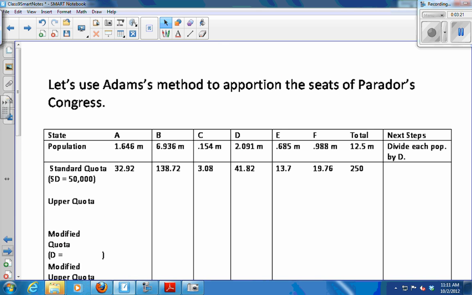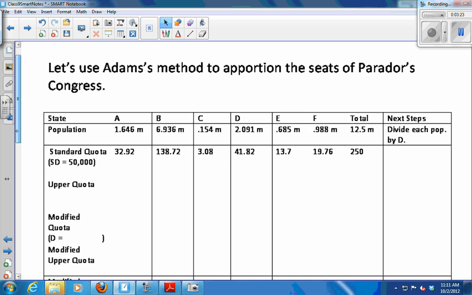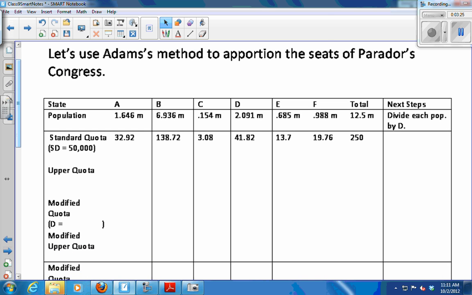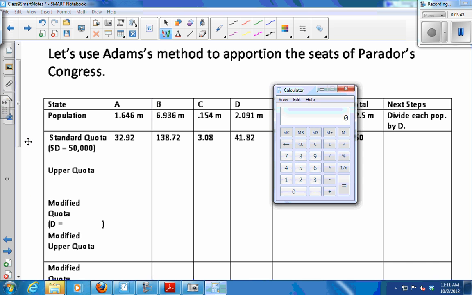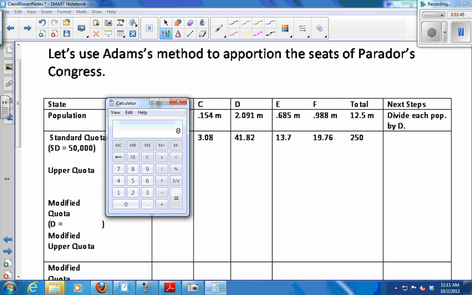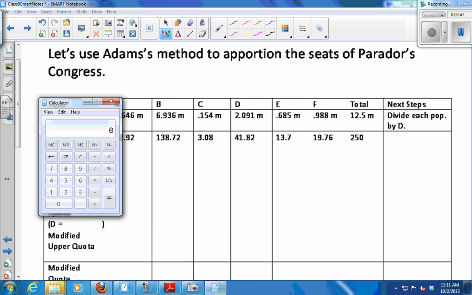So let's do a little example here. This is the same example we've been working with all of our other methods. Parador's Congress. So I already did the standard quotas. So let's just remind ourselves how we did it, though. So you take the total population, 12,500,000, divided by the number of seats, which is 250.